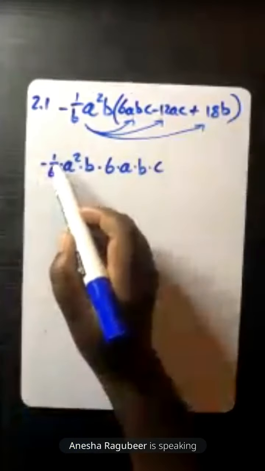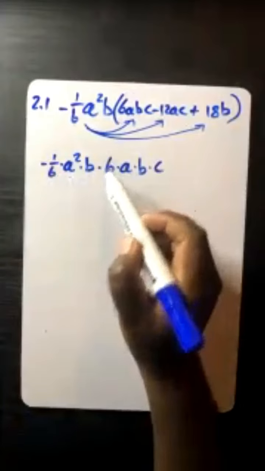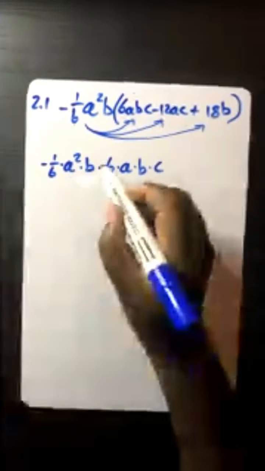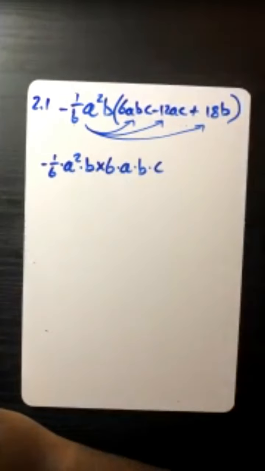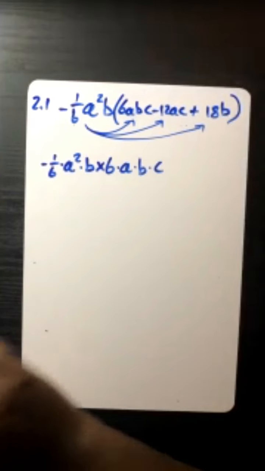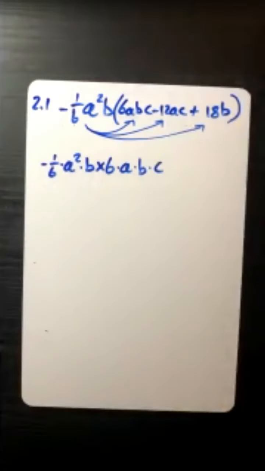So obviously -1/6 multiplied by 6, what is it? It's 1, sir. Be careful, Shariat, be careful. Did you punch it on a calculator? Yes, sir. So what is -1/6 multiplied by 6?